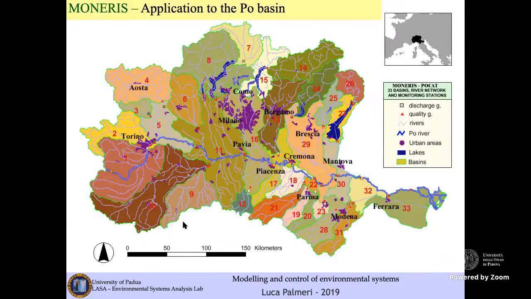For example, let us focus on the subbasin 11. We said that the gauging station for subbasin 11 is here near Pavia, but we shall identify immediately a difference between the net and the gross of the total surface, the total discharge area.